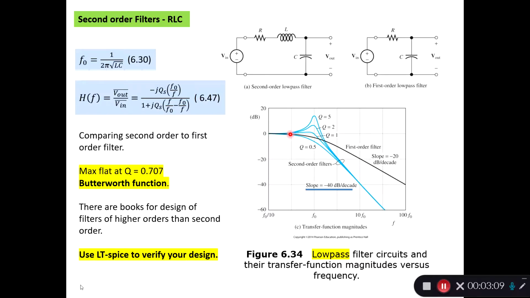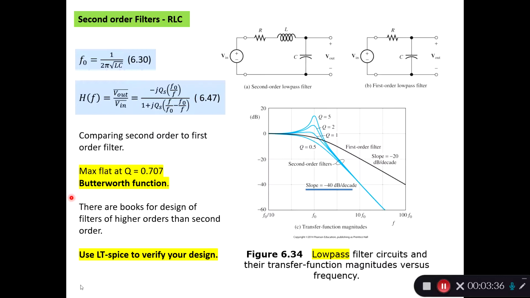The maximally flat one would have a Q of 0.707, but due to component tolerances, we normally design with a Q of 1. And then we verify our design by LTspice or a similar simulation circuit.